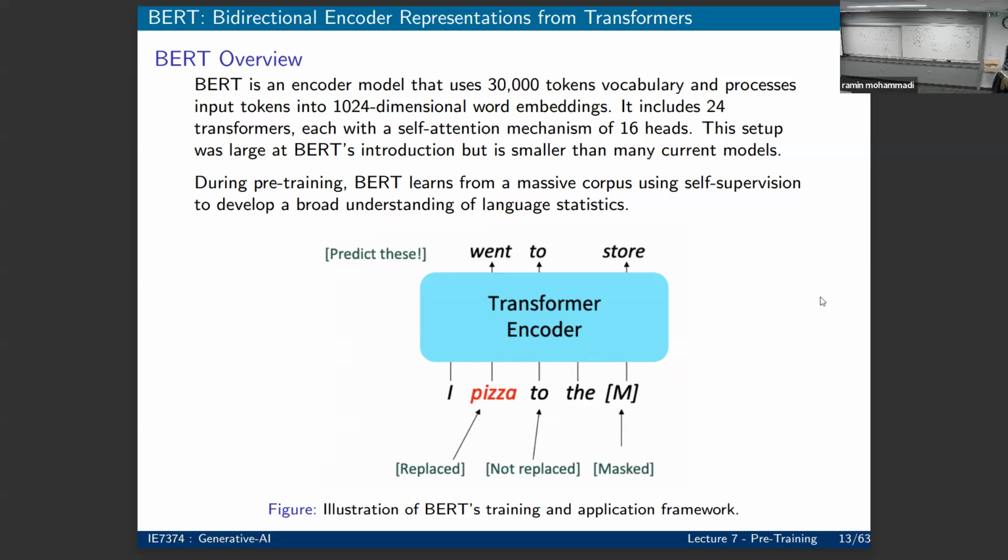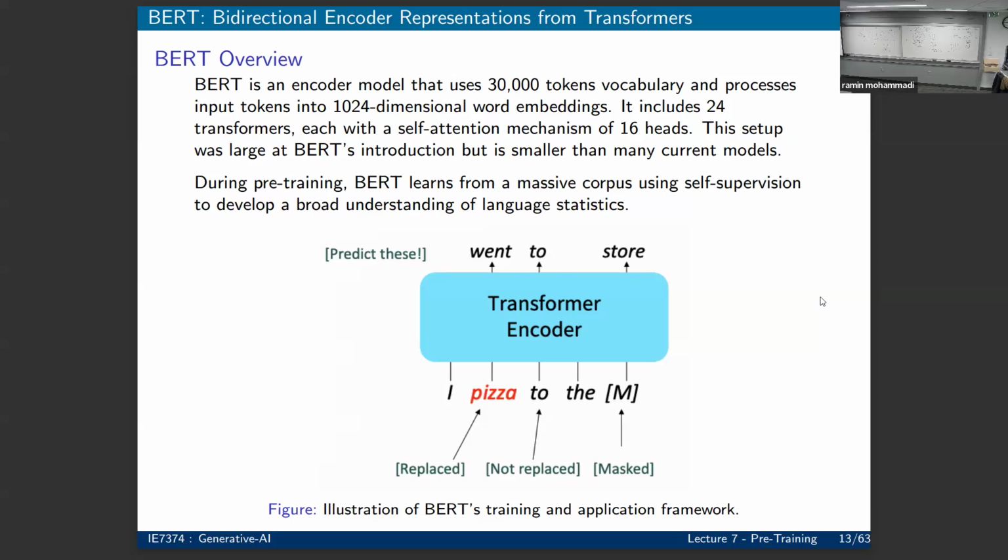But the way that BERT was pre-trained is something like this. You have a sentence and this large encoder model, and you leave something empty, or you change the word. Like instead of went, you put pizza, and the model needs to predict this was went. And for 2, the model predicts the same thing. It was supposed to be 2, and then for E, your model doesn't predict it, so there is some stochastic nature to it.